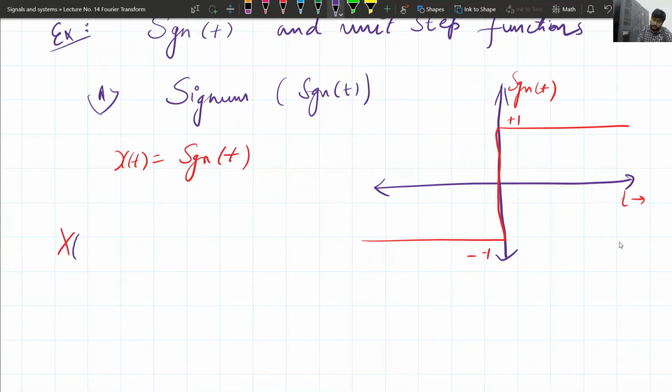Then X(omega) will be the integral from minus infinity to infinity of x(t) e to the power minus j omega t dt.